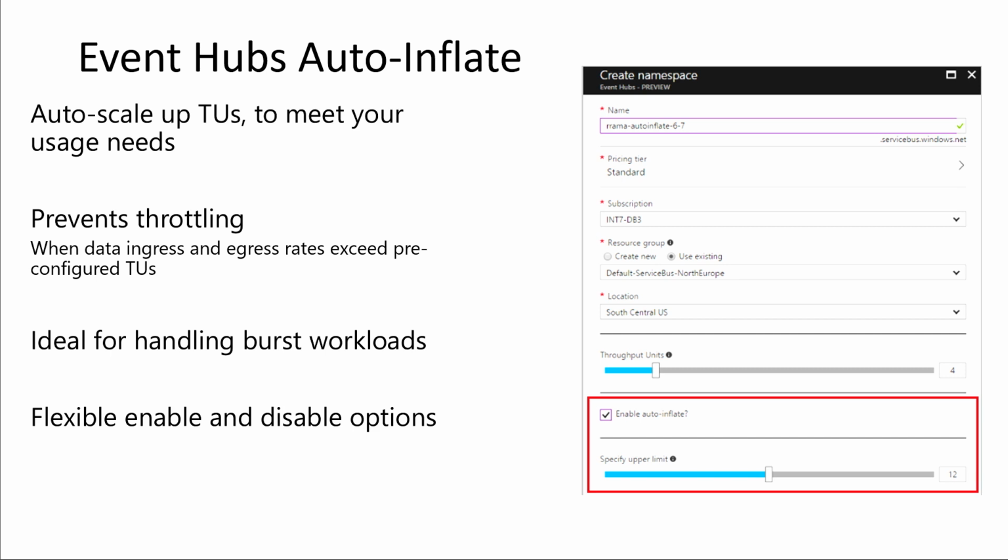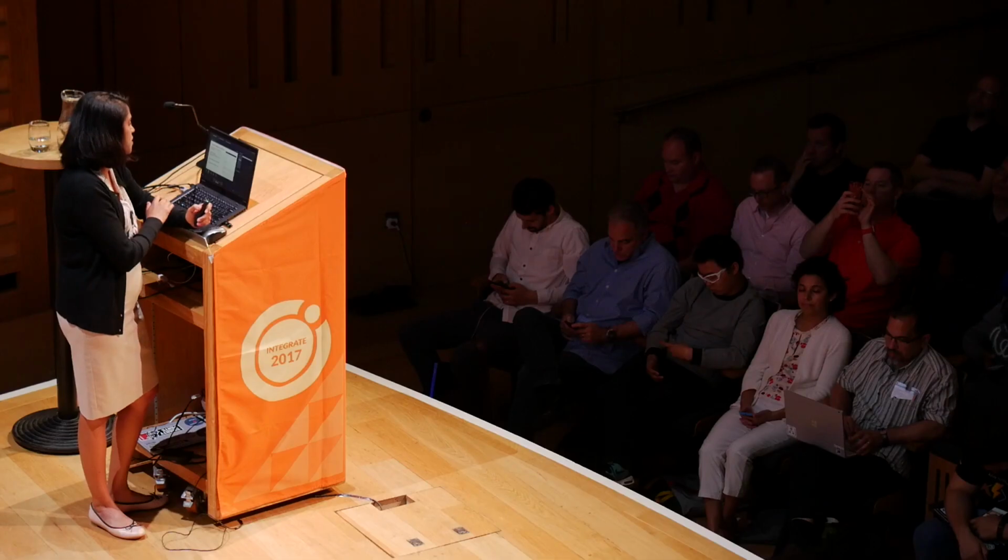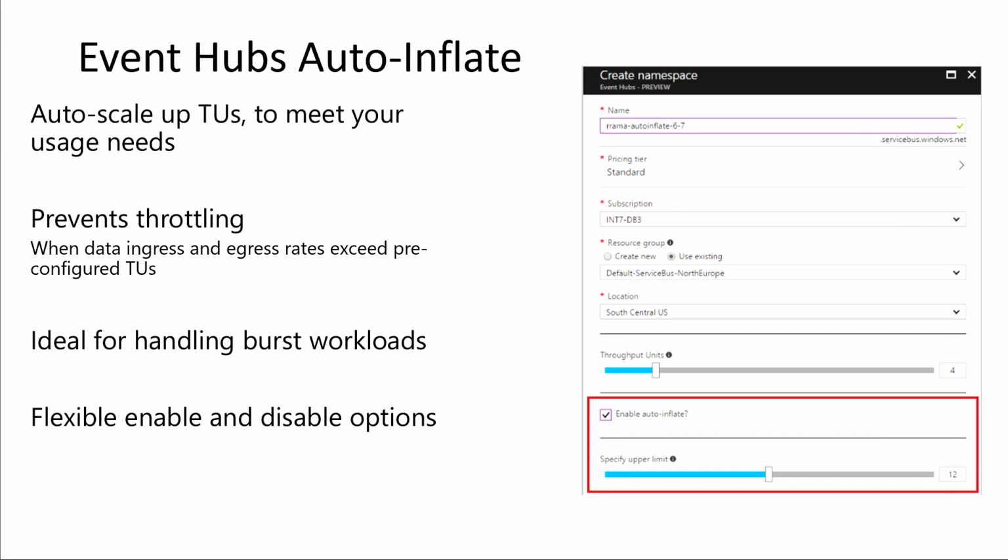You start small and you enable a limit that you think you would want to grow to, and based on your traffic, we gradually scale you up. This option, which can be enabled or disabled with a simple click in the portal, will prevent throttling when your data ingress or egress rates exceed your pre-configured TUs. I do have a demo on how this particular feature works.